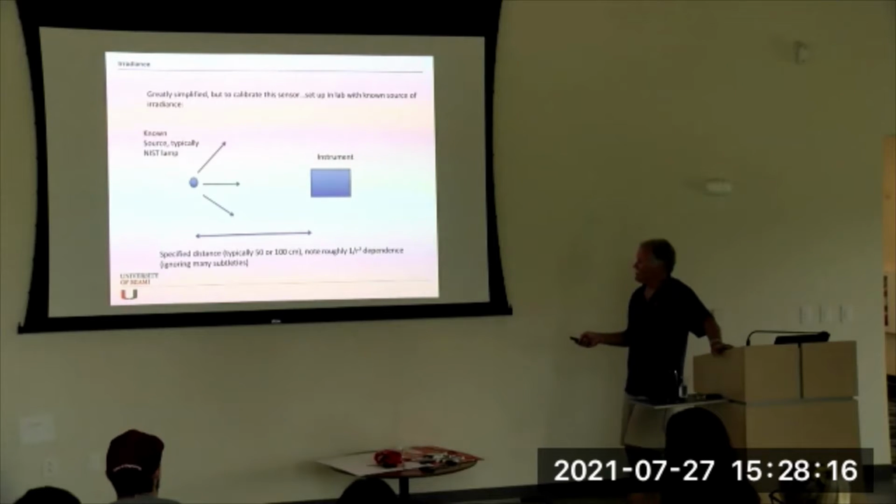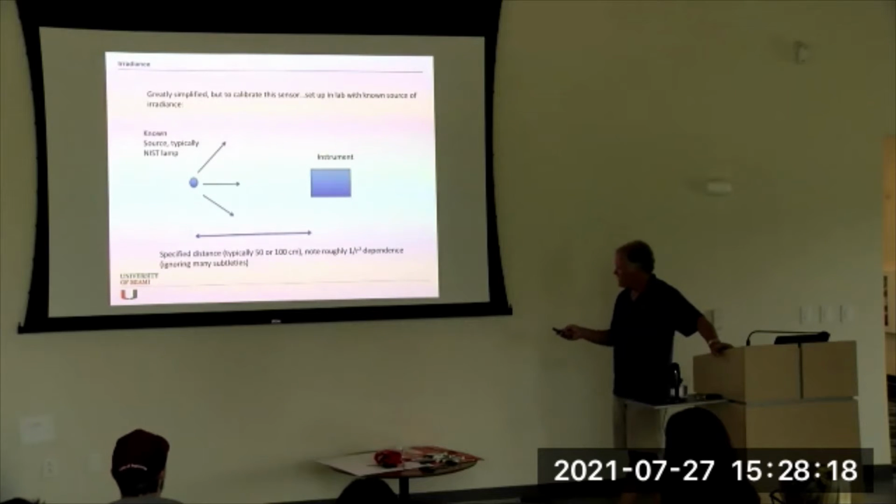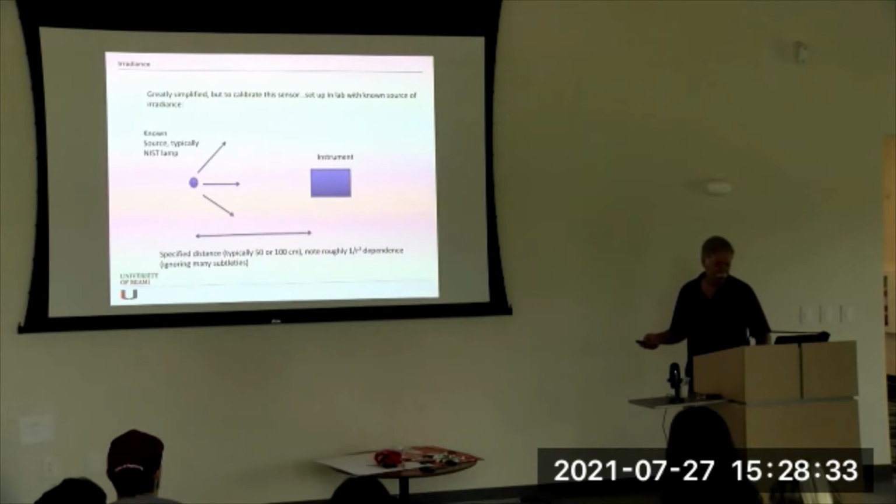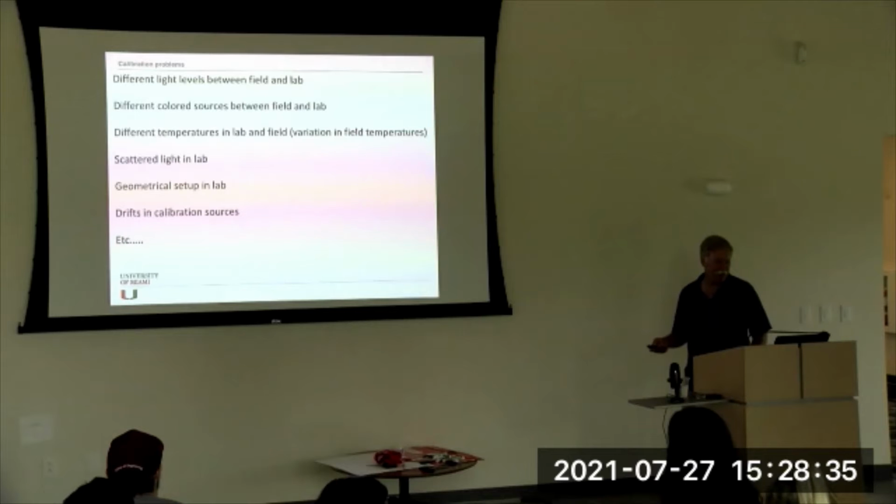And so you can translate between 50 centimeters and 100 centimeters. That's ignoring a whole bunch of details that you would have to do if you were really carefully calibrating. But it's fairly straightforward to do the calibration for that.